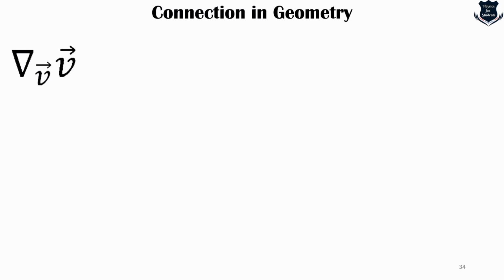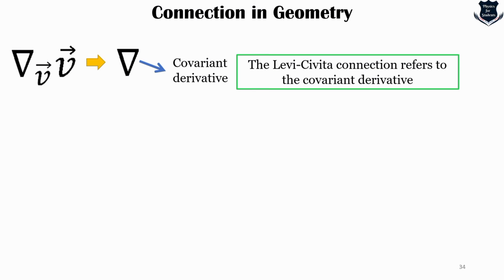Okay, so we know this is a kind of covariant derivative, and it is replaced by the nabla operator, which is a covariant derivative. Actually, the Levi-Civita connection refers to the covariant derivative. What do we mean by covariant derivative? I'm not telling you clearly, but it's a kind of derivative, right?